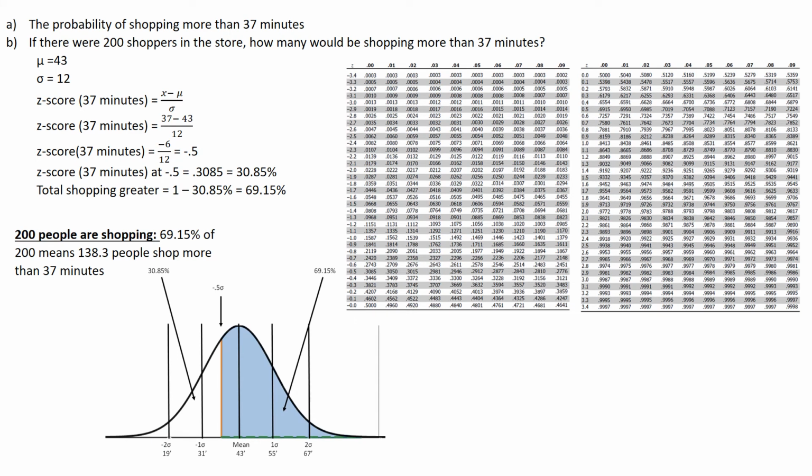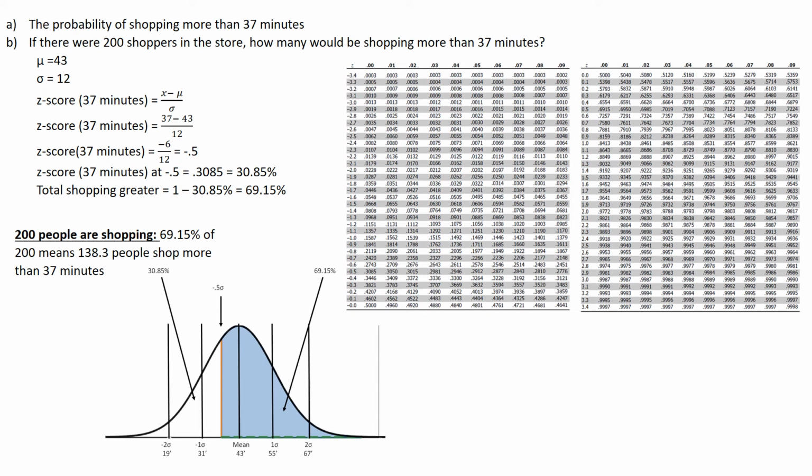Now here's a similar one, with the same data: a 12-minute standard deviation, and mu, the mean, at 43 minutes, but it wants to know how many shoppers spend more than 37 minutes. So originally, if there were 200 shoppers, how many would be over 37 minutes? At 37 minutes, it'd be 37 minus 43 over 12, which is negative 0.5.